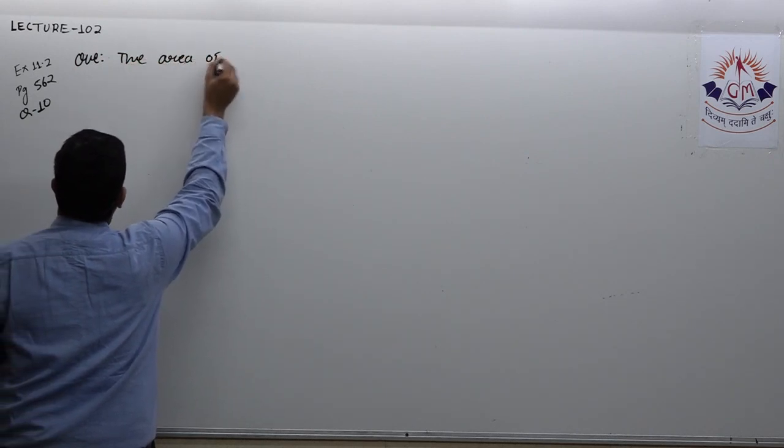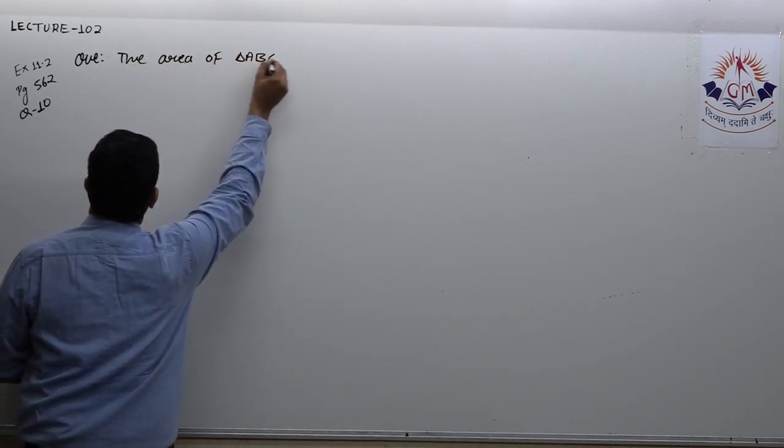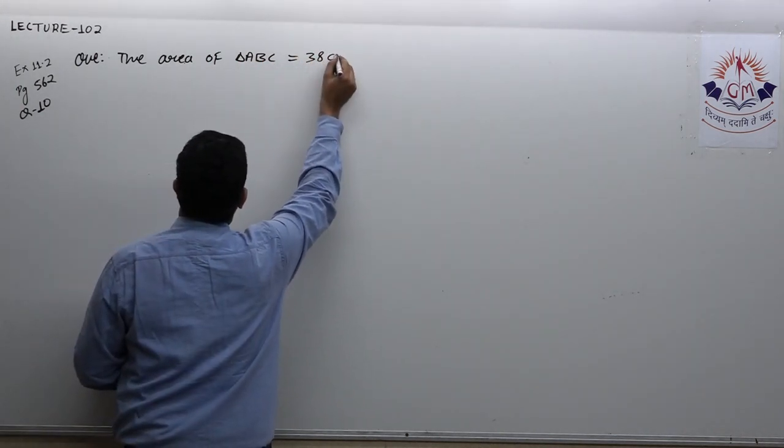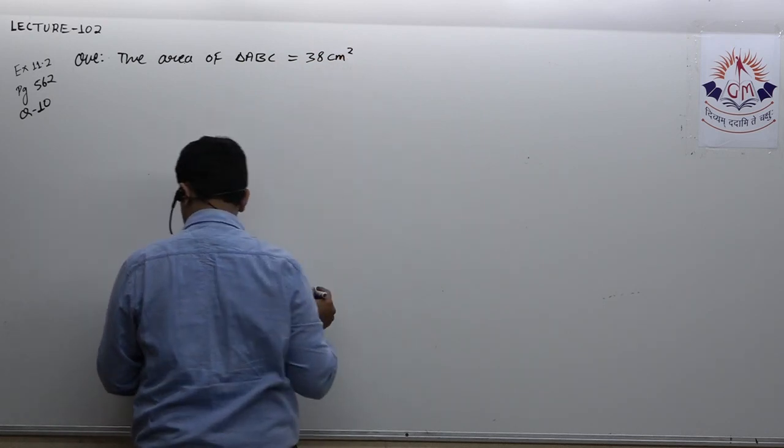The area of triangle ABC is equal to 38 centimeters square.